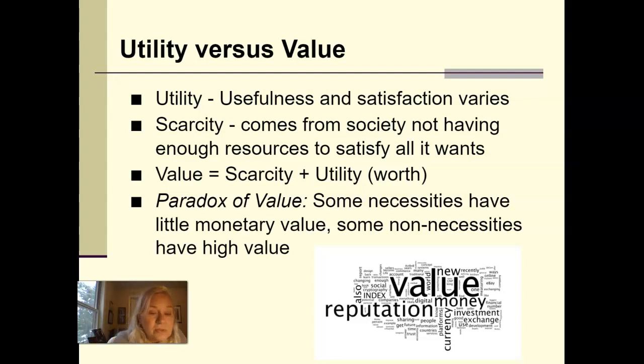Scarcity, this is just a review, we've talked about this before, it comes from society not having enough resources to satisfy all its wants. So when we talk about value, the value equals the scarcity plus the utility, or the worth.